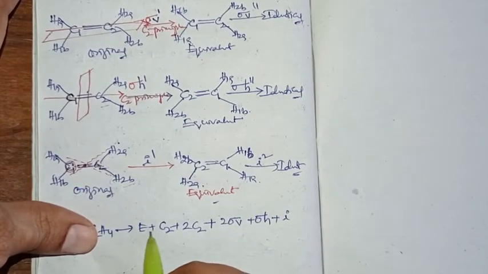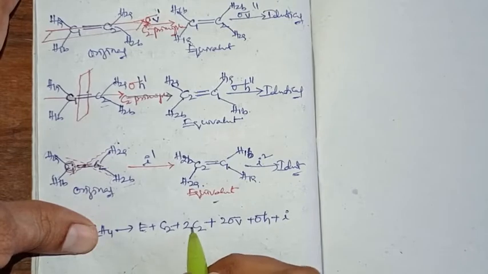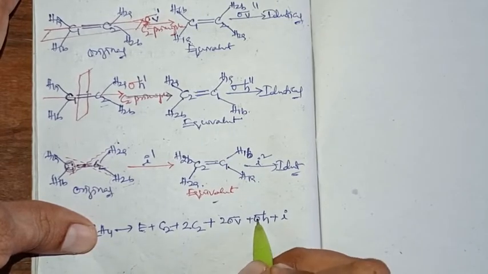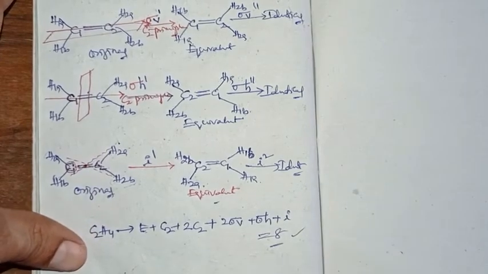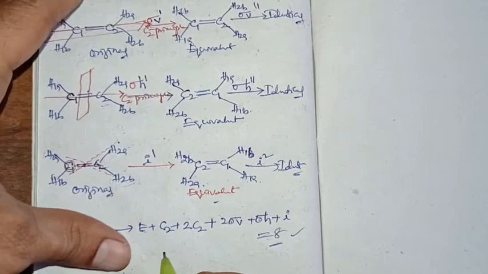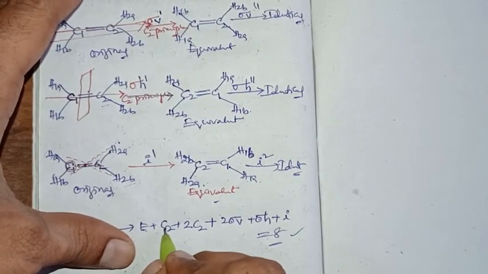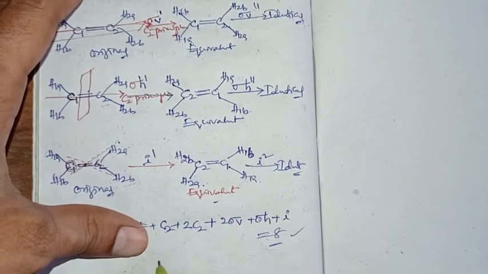All together 1 plus 1 plus 1 is 1, 2 plus 2 is 4, 4 plus 2 is 6, 6 plus 1 is 7, 7 plus 1 is 8. All together, that is 8 elements possible in this particular molecule, ethylene, having two types of rotational axis, C2 and two secondary two-fold rotational axes.